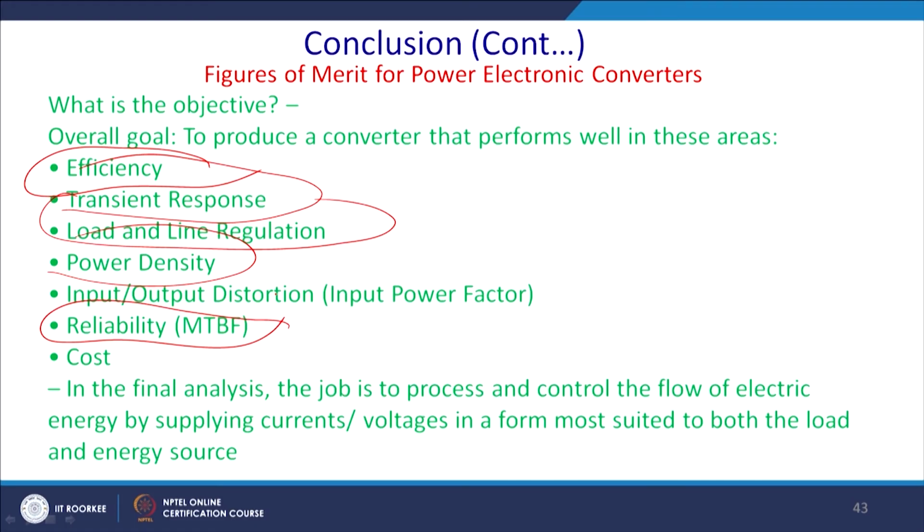We define reliability in terms of mean time between failures, MTBF, which is like the half life of the devices, and we try to enhance the MTBF, so that many devices can last long.